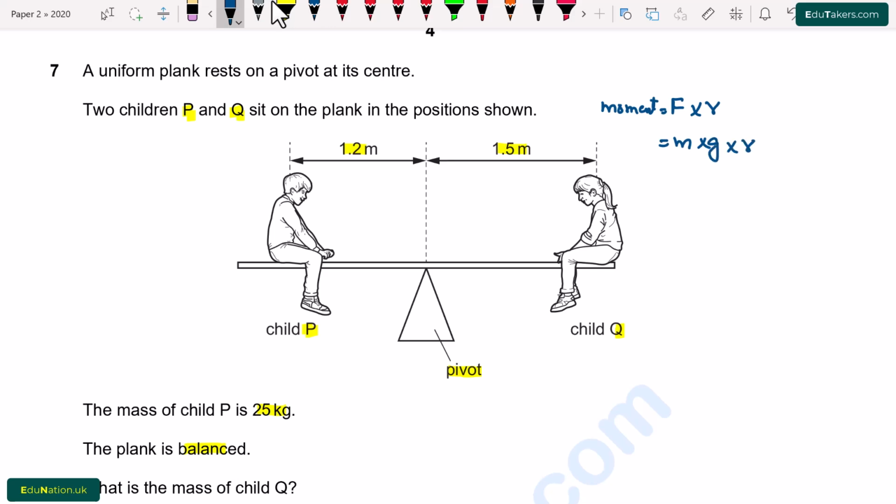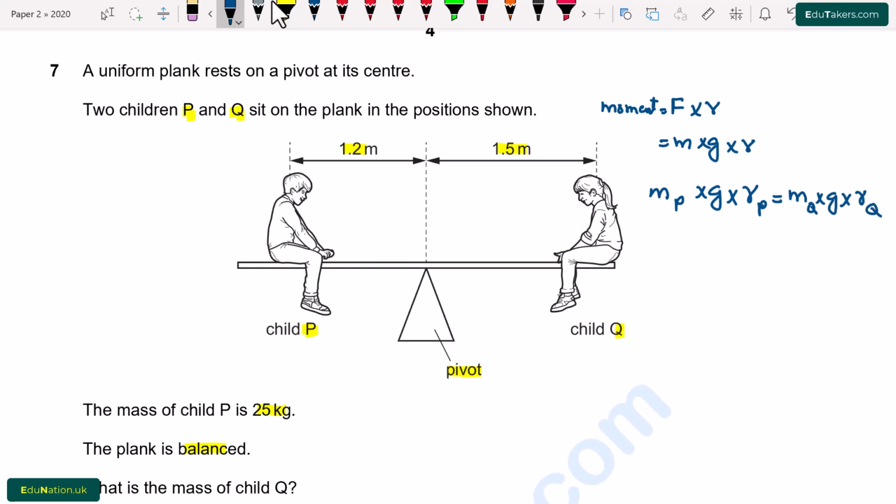So I use this formula and use the law of conservation of moment, that the moment caused by the child P is equal to the moment caused by the child Q. So I write here, mass of child P multiplied by g multiplied by distance of child P will be equal to mass of child Q multiplied by g and distance of child Q.